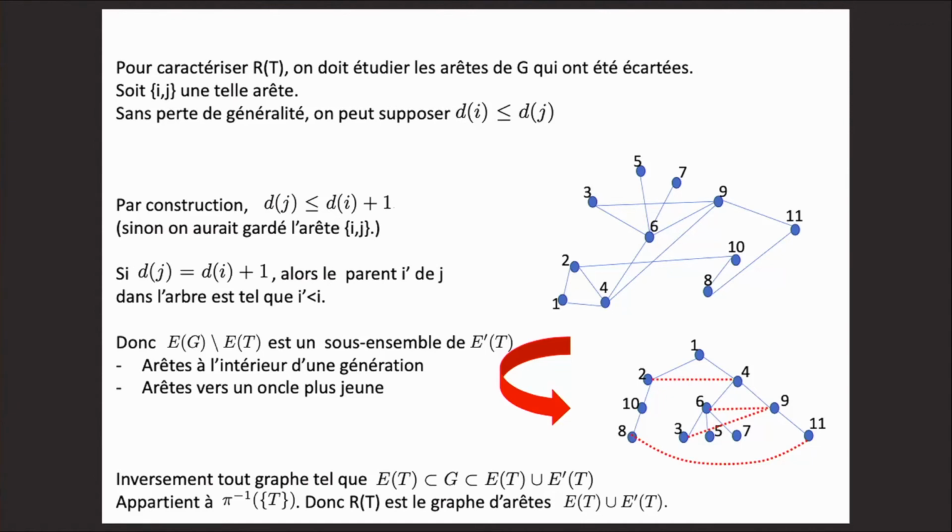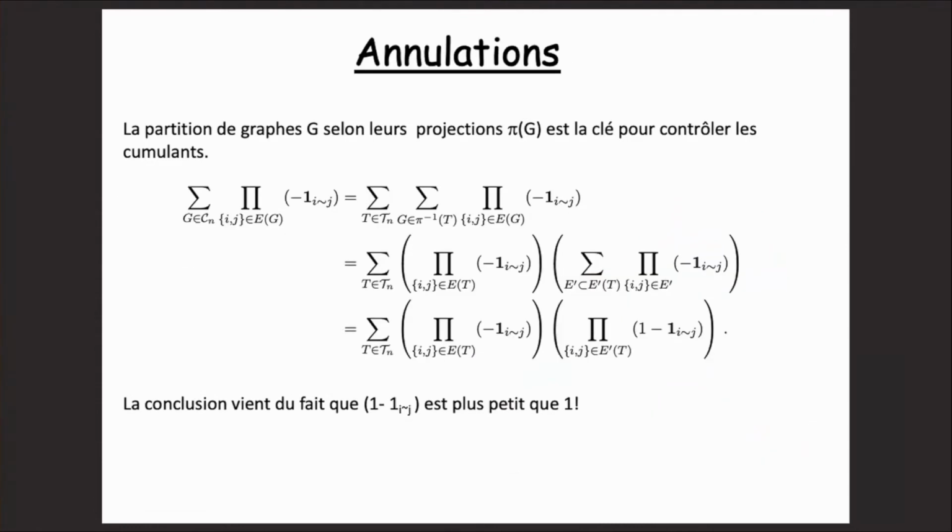Okay, so now, what is the connection between this and the rest of the story? You see that it's actually a very simple computation. You see 3 lines. It's the maximum that I can do right now. Okay, so this is the definition of phi n, a cumulant. You have here the sum over all possible connected graphs of this quantity here.